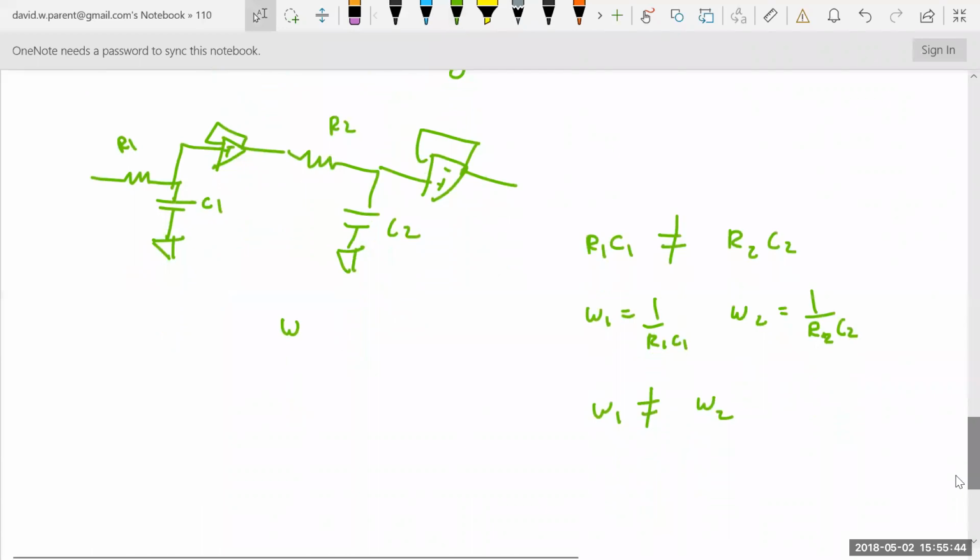So if I were to draw the same circuit, yeah, I would get, right, and you can see the two distinct real poles right there.